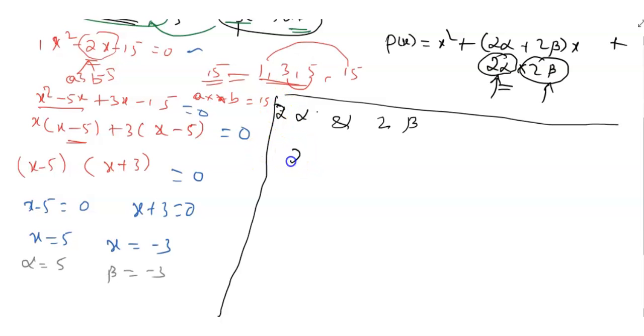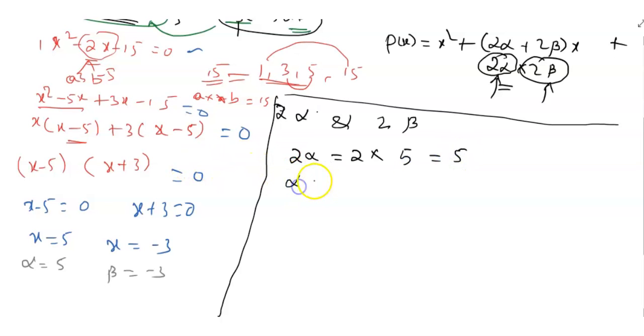Let's find out the 2 alpha value here. Let's put the value of alpha here. 2 into what is the alpha here? 5. So 2 alpha I have got 10.